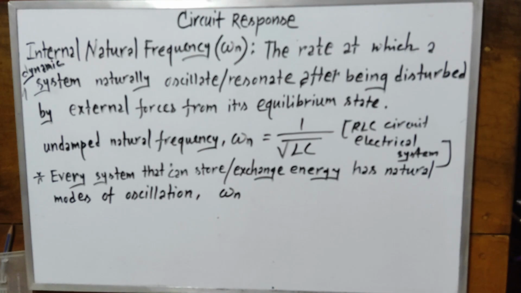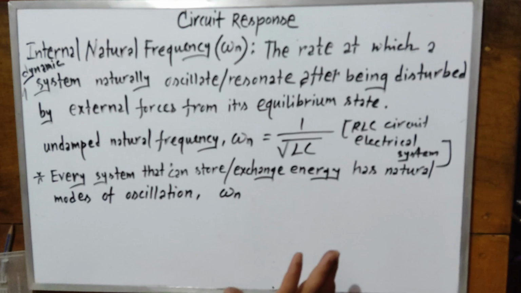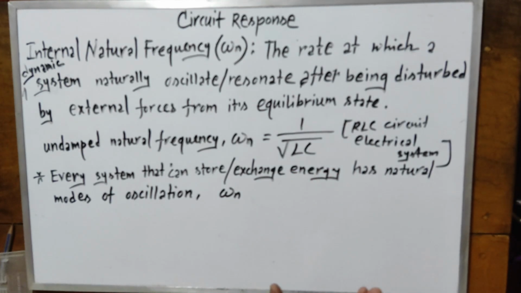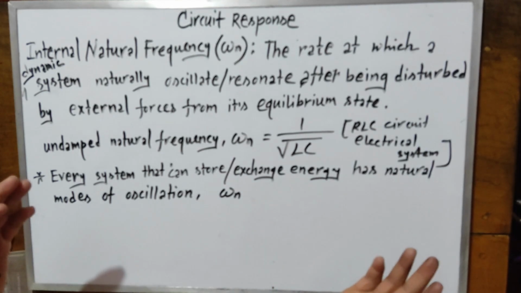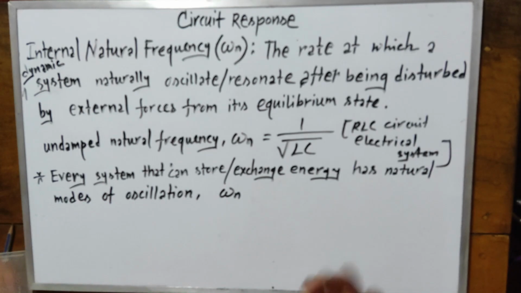And it's an interesting fact that every dynamic system that can store or exchange energy has natural modes of oscillation. This mode of oscillation is the natural frequency or frequencies. A system has to be at least second order to have at least one natural frequency. Higher order systems have multiple natural frequencies.